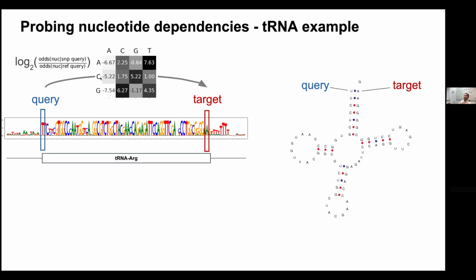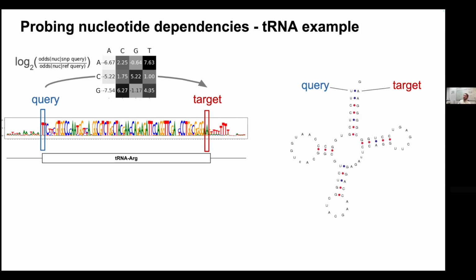If you look, for example, at the C, then the model will favor at the target position a G. And if you look at the G, the model will favor the C and the T. And as you might know, in RNA there is also this wobble base pairing between the G and the U. So this is also highlighted here in this table.